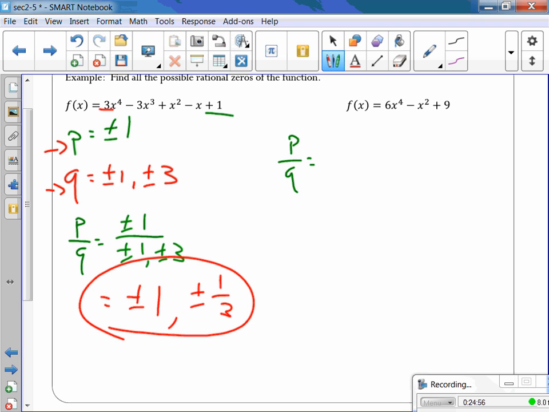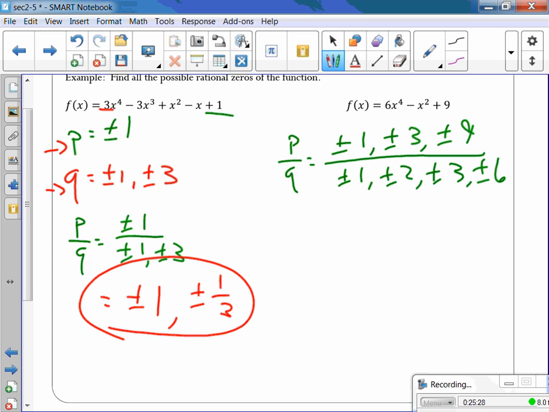Factors are just the 2 numbers that I multiply to get 9. So 3 times 3, we only have to list 3 once, 1 times 9, and again, all positive and negative. And then factors of my leading coefficient. So 6 can be written as 6 times 1 or 3 times 2. Again, positive, negative, for all of that.